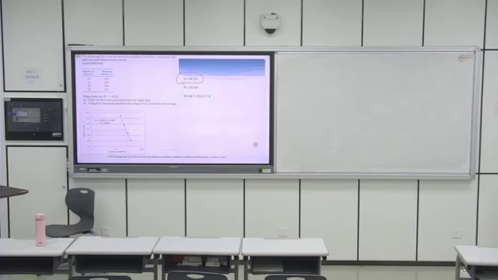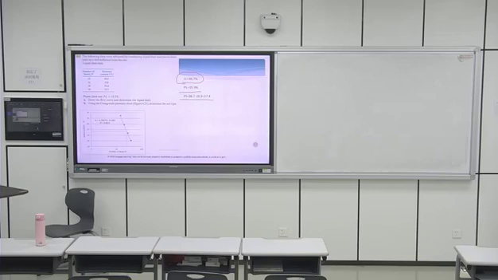And it tells you the plastic limit is 19.3%. Then you can calculate the plastic index, which is the difference between liquid limit and plastic limit. That is 17.4, right? This is the plastic index.